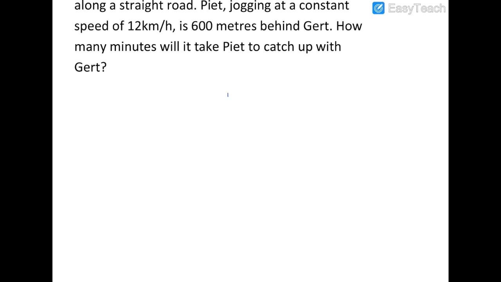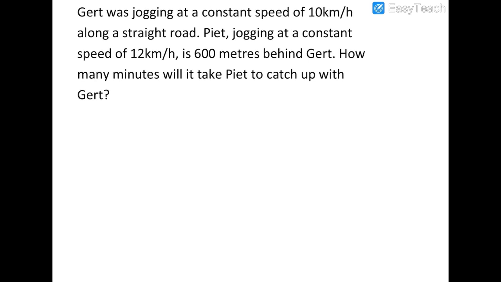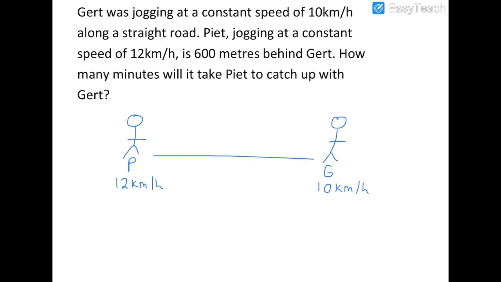we have Pete here, I'm just going to call him P, jogging at 12 kilometers per hour, and we have Gert there jogging at 10 kilometers per hour. The distance between them is 600 meters.